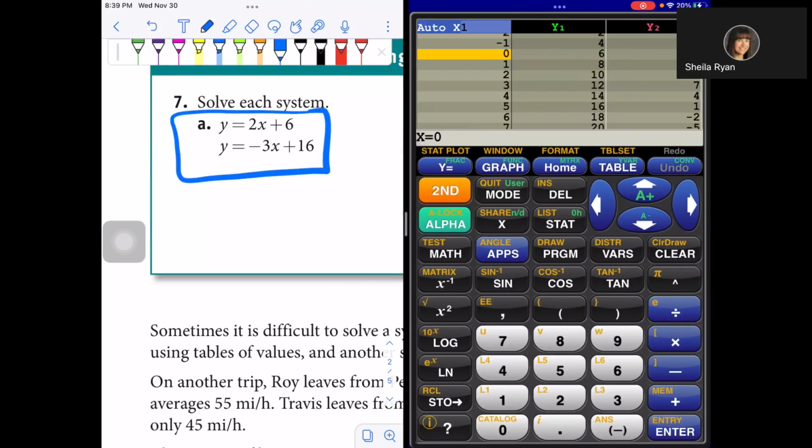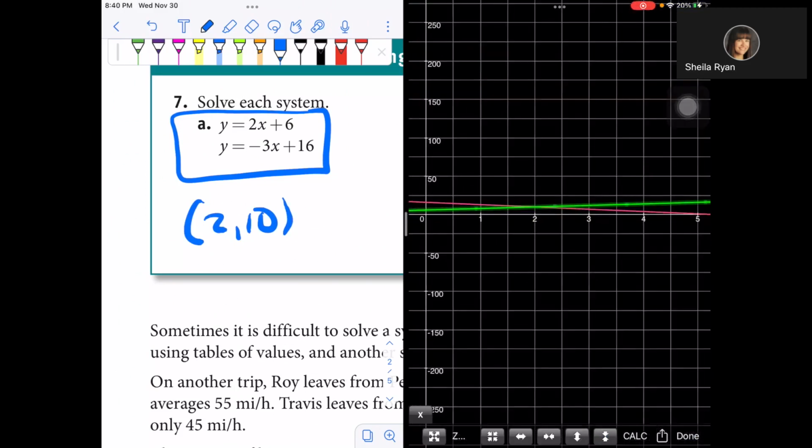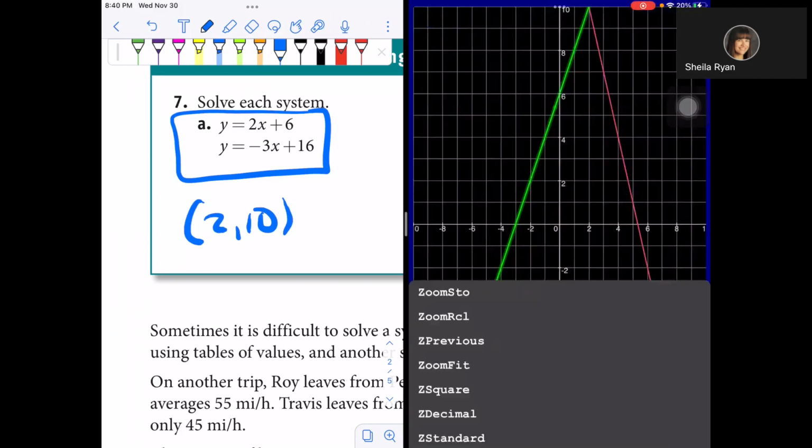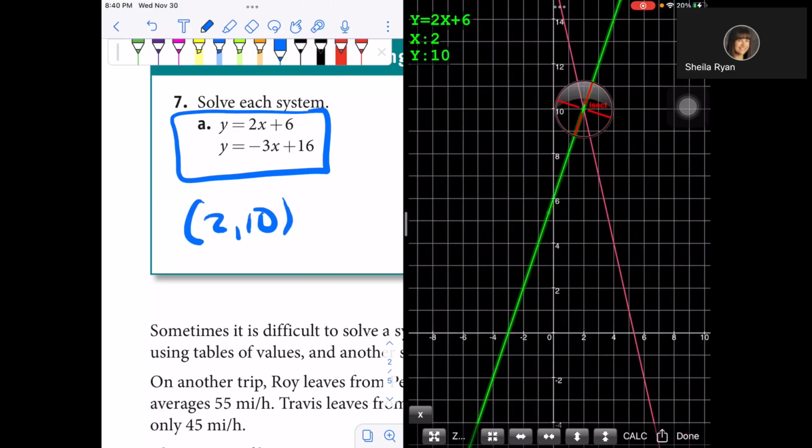In the table, we can see right here, 2 and 10 and 2 and 10. I know this looks kind of weird when there's two y columns, but the x is 2 and the first y is 10 and the x is 2 and the second y is 10. But you can also see it on the graph. I'm going to do a zoom standard. So when you see that intersection, 2 and 10 is the intersection.